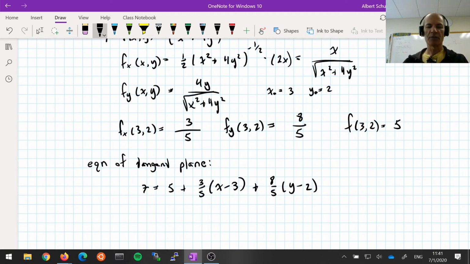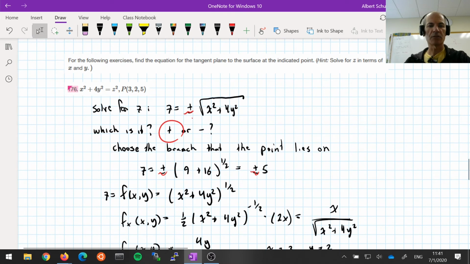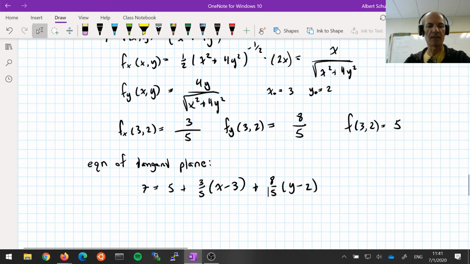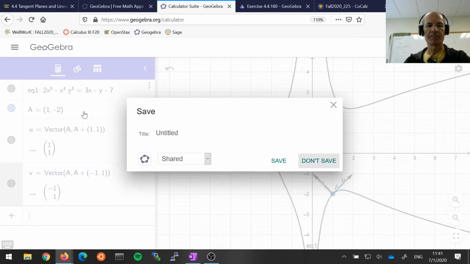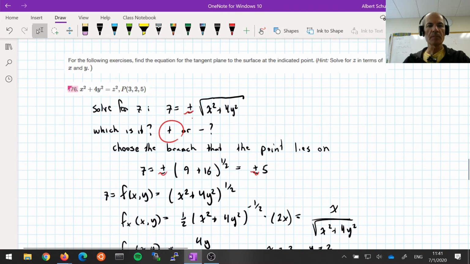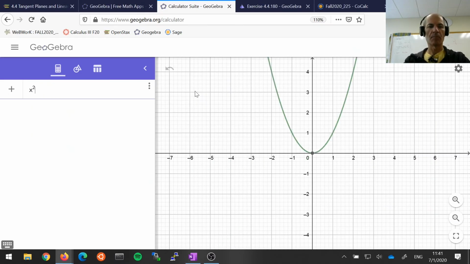I don't know if you're getting tired of these visualizations. I kind of never get tired of them, but let's jump over to GeoGebra and just confirm our work. So we'll plot this surface and we'll plot this plane and see if they do indeed associate in the way that we would hope. So the equation up here, x squared plus 4y squared equals z squared.